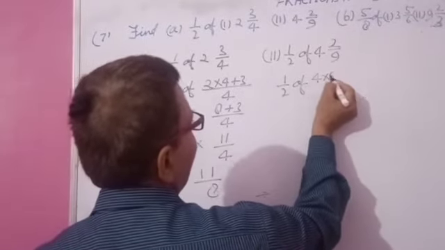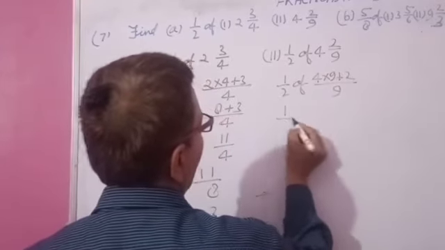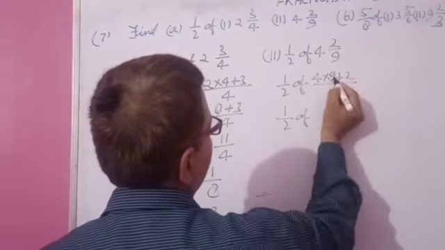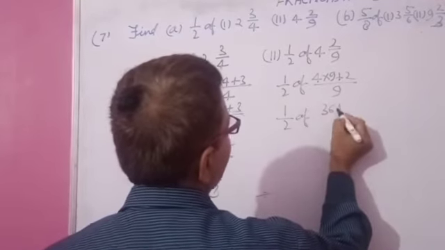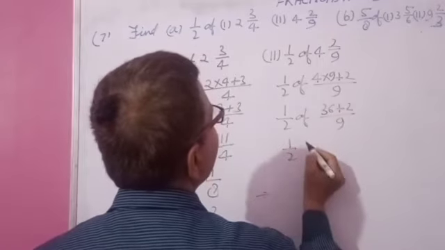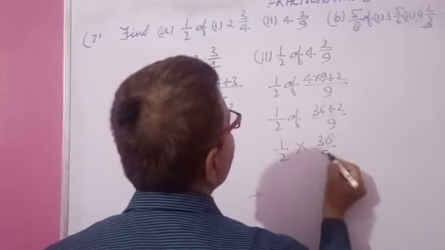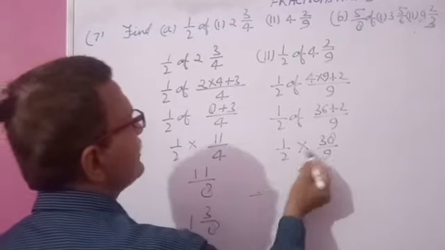4 multiplied by 9 plus 2 upon 9. 1 upon 2 of 36 plus 2 upon 9. 1 upon 2 of means multiplication. 36 plus 2, 38 upon 9. Now you can cancel 38.